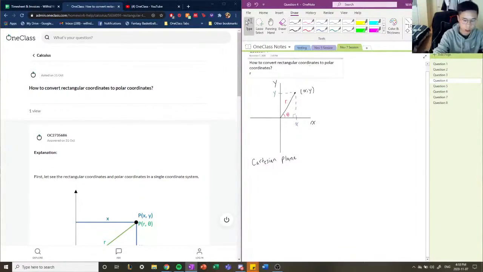So r equals the magnitude of the hypotenuse, while theta equals the angle. Okay, so we want to use the values of x and y to convert them into different coordinates with the magnitude of the hypotenuse and the angle, which is theta, right? So how do we convert that, right?